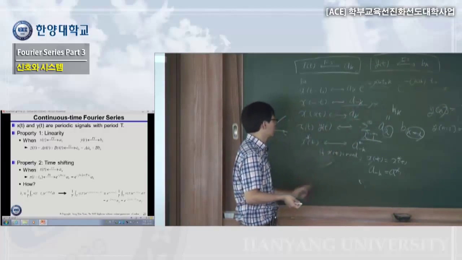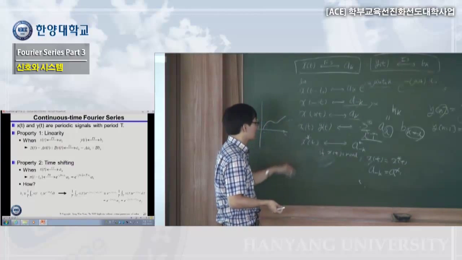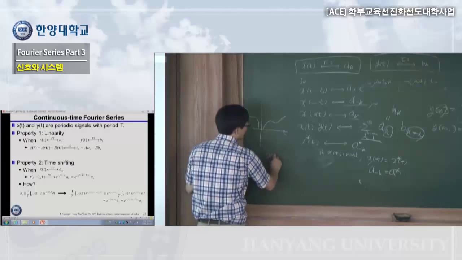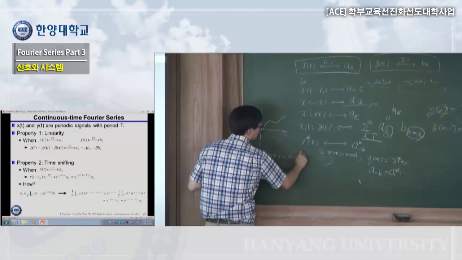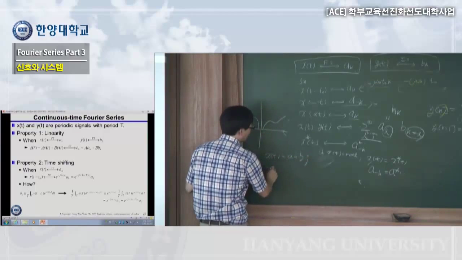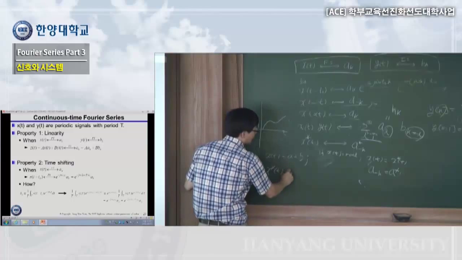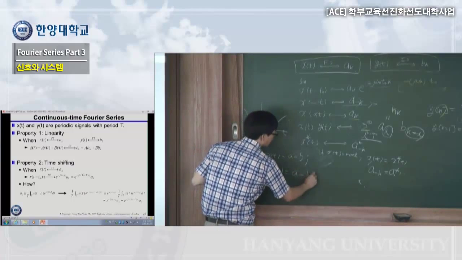That's what we say. In case of conjugate, conjugate is what? xt is a plus bj. Conjugate of x, this is a complex signal, that means a minus bj.